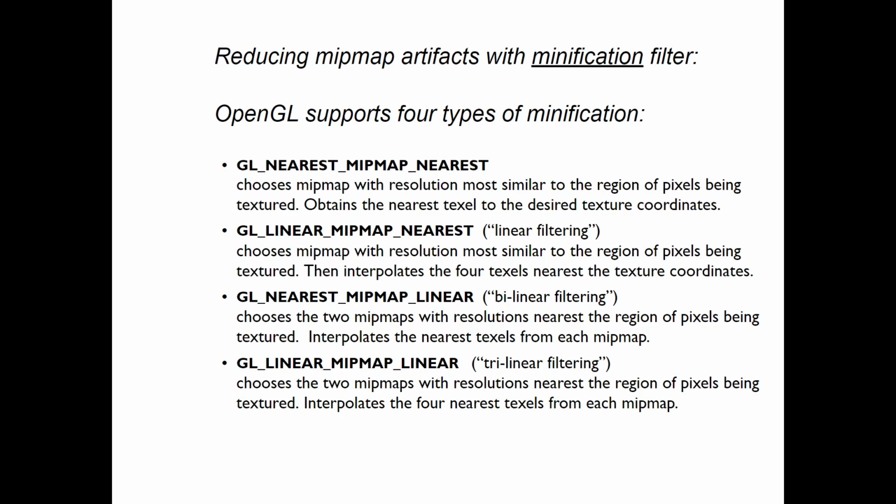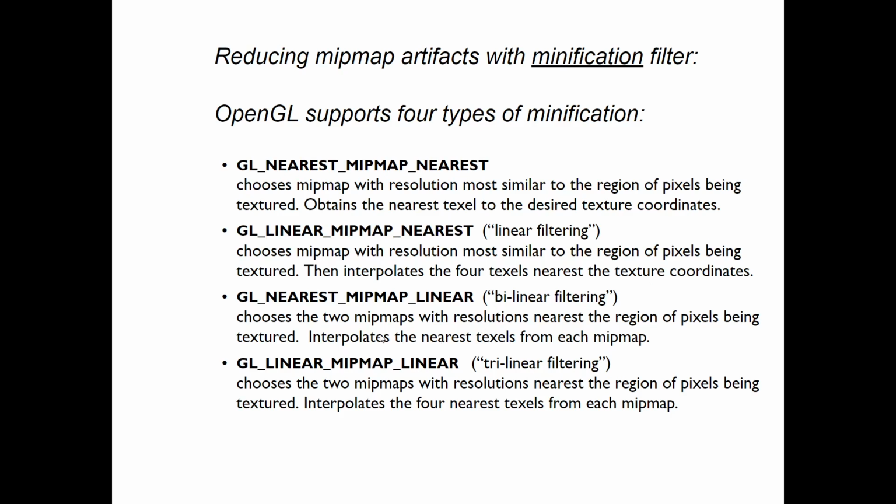We have a number of different modes. Nearest, choosing a MIP map with the resolution most similar to the region, right? That's the simplest one. Then we have linear filtering, where we're going between two. So we're going to use 4 texels nearest the texture coordinate to do some sort of averaging or blending between those two, so it doesn't have stark differences.